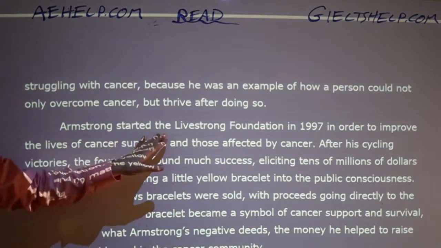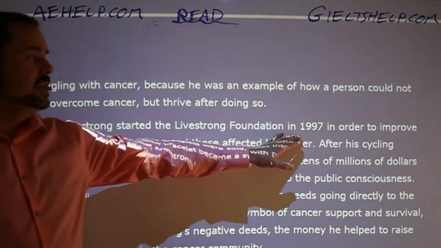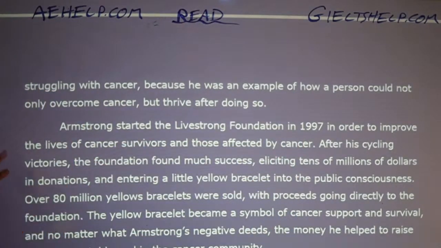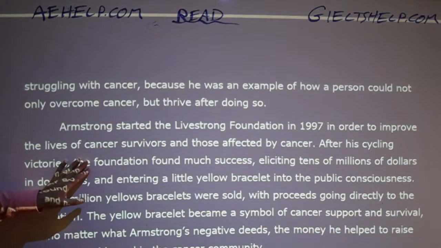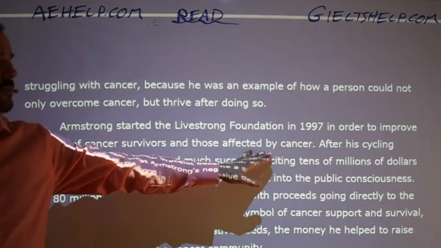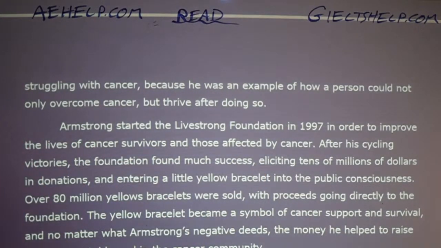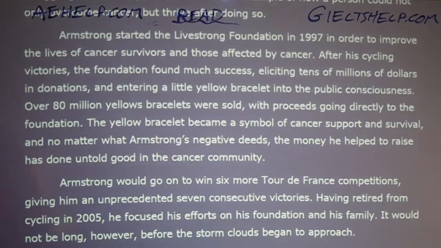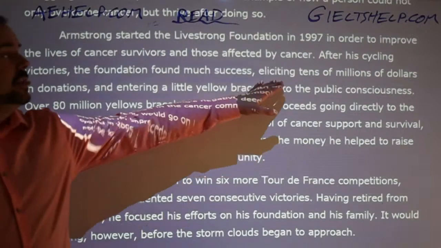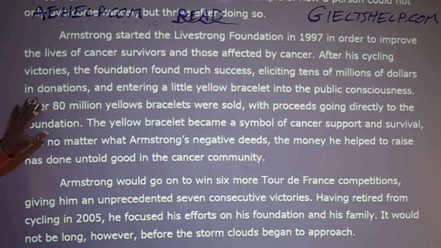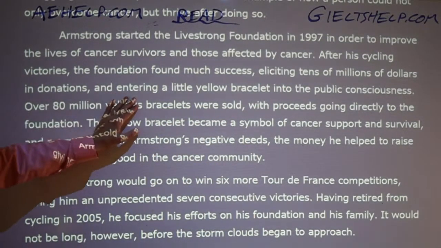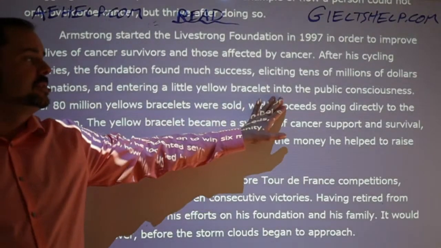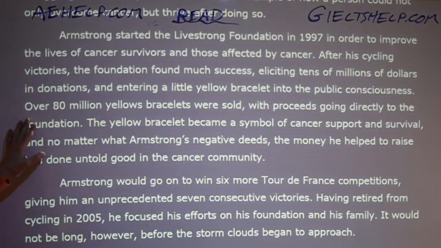Armstrong started the Live Strong Foundation in 1997 in order to improve the lives of cancer survivors and those affected by cancer. After his cycling victories, the foundation found much success, eliciting tens of millions of dollars in donations and entering a little yellow bracelet into the public consciousness.